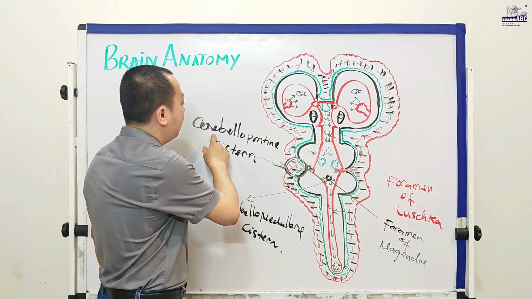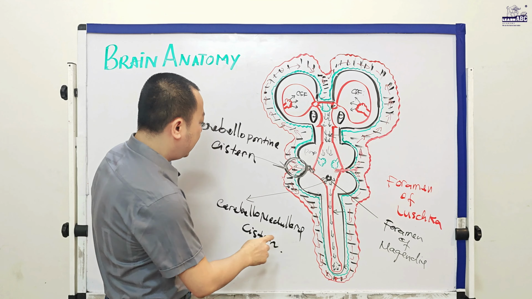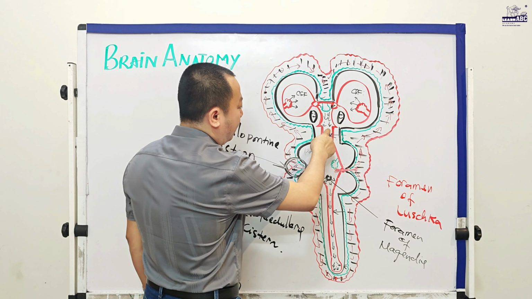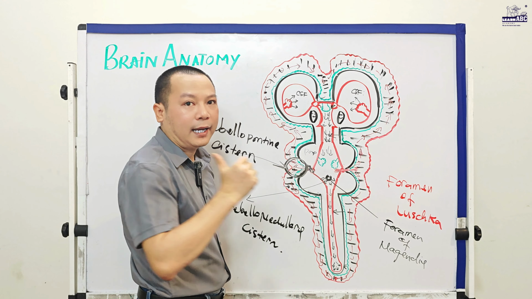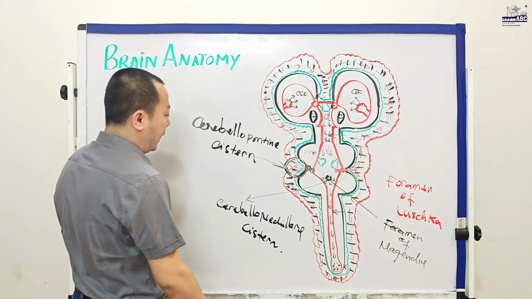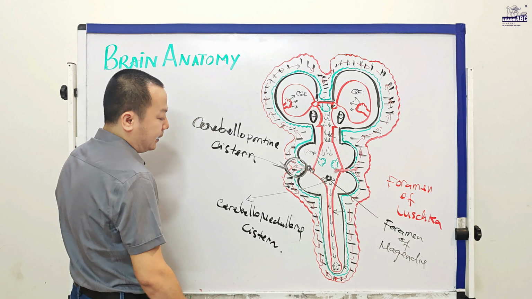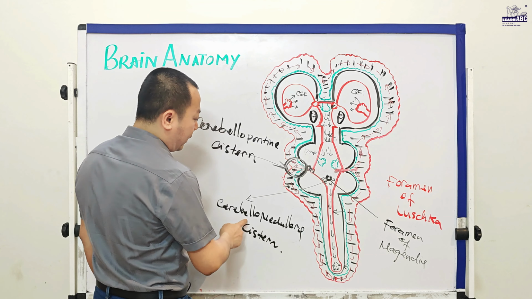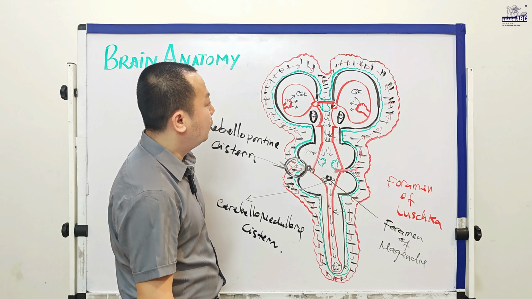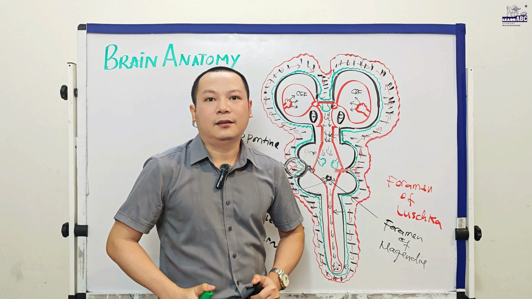And then at the backside, posteriorly, the CSF also moves through this hole, the foramen of Magendie, and the CSF will go to the cerebellomedullary cistern. This is the junction of the cerebellum and medulla. So this is the way the CSF comes out of the central nervous system. So thank you so much.